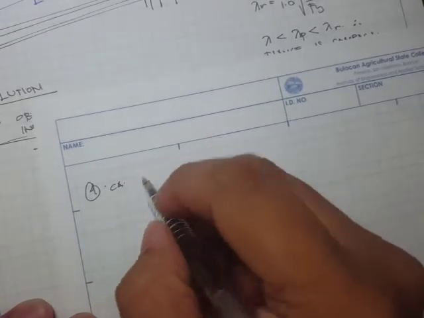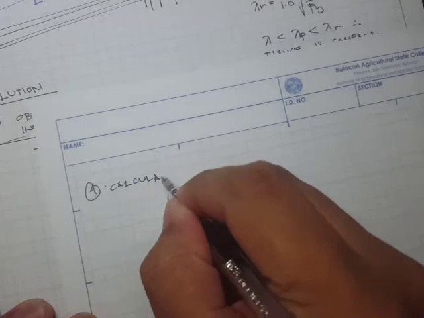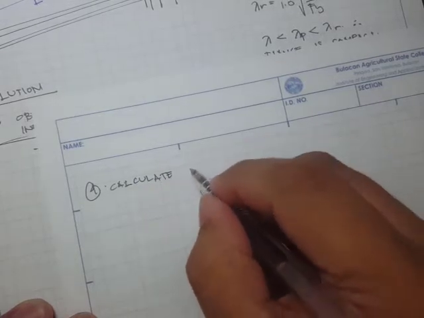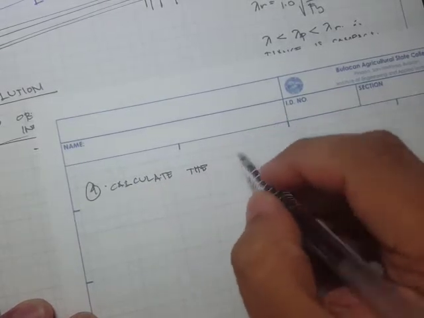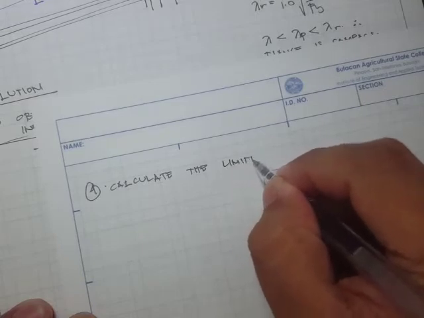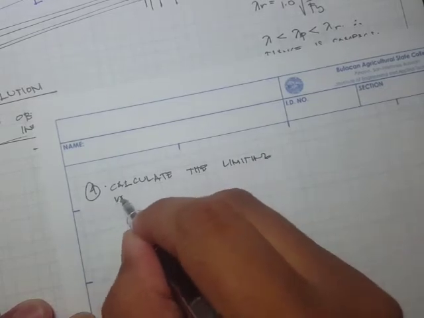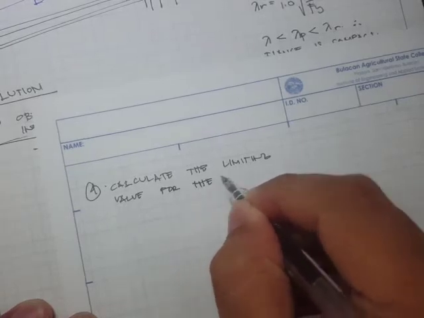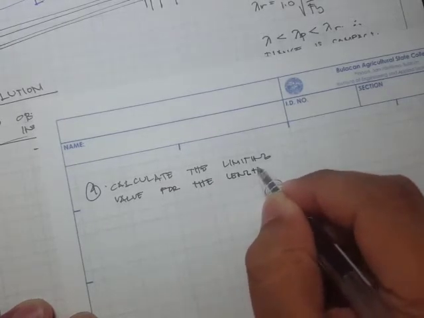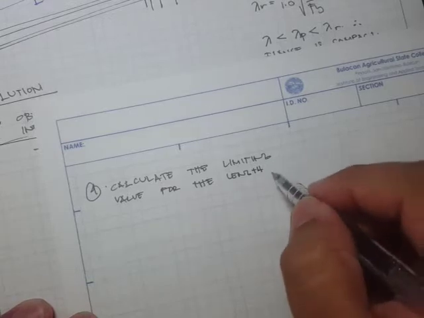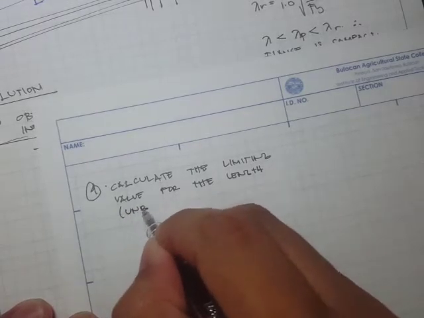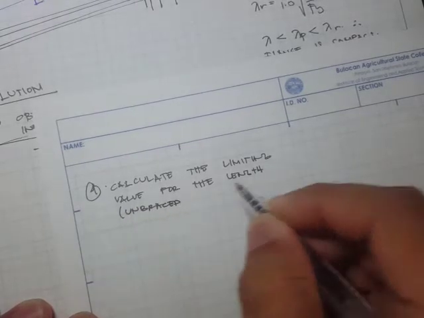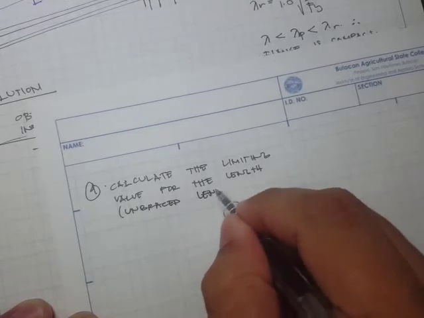So calculate the limiting values for the length, or unbraced length.